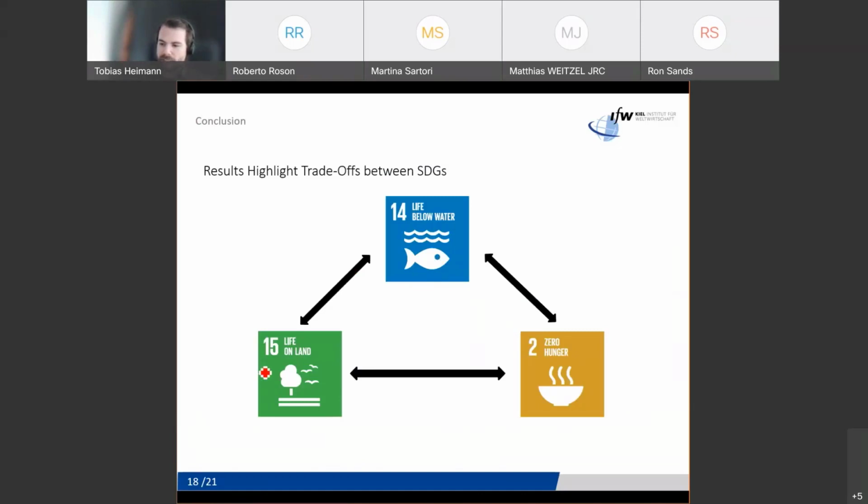And this is passed through again via food prices and via staple crop prices to SDG 2. On the other hand, if we increase aquaculture production to produce more protein feed, we also see feedback effects through fodder production on life on land. And again, also considering the fish meal production, we see some feedback effects on SDG 14. So there are trade-offs within the cycle of those three SDGs that need to be respected.